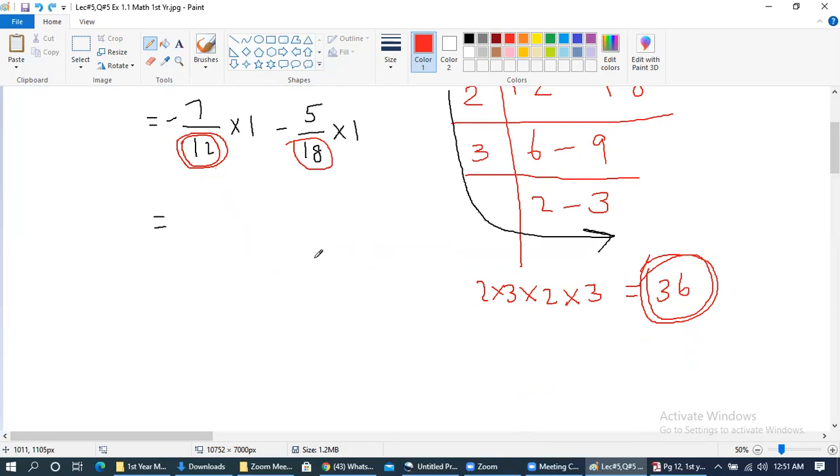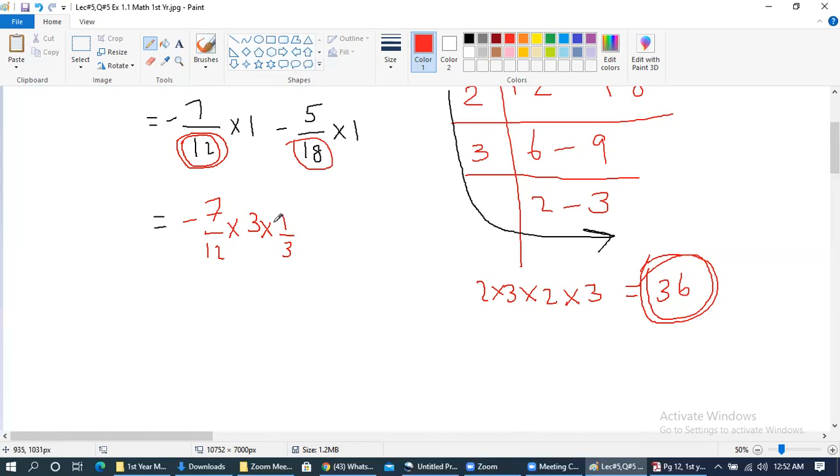But before this, we have to identify the multiplicative identity. This one is the multiplicative identity. So we'll write 7 by 12 multiplied by 1, and in place of 1, we'll write 3 multiplied by 1 by 3. Why have we done it?